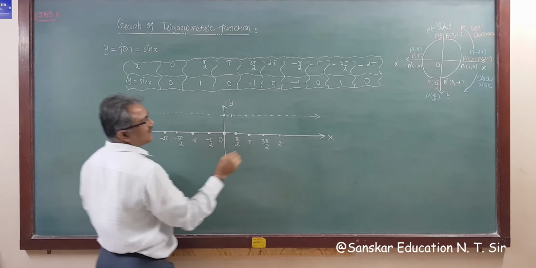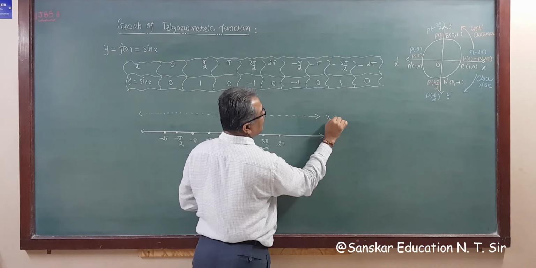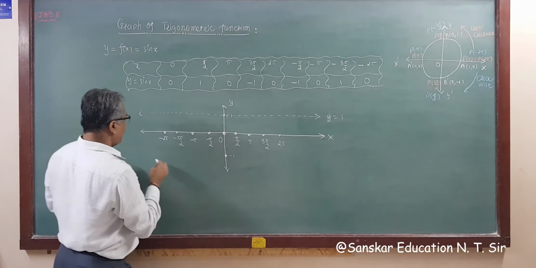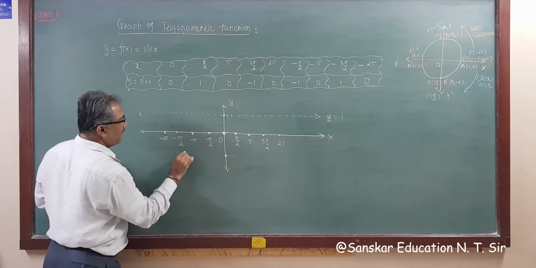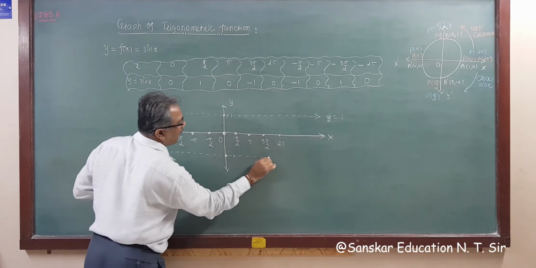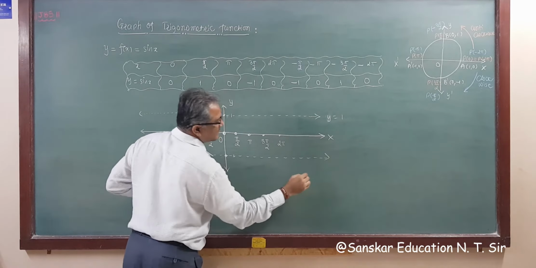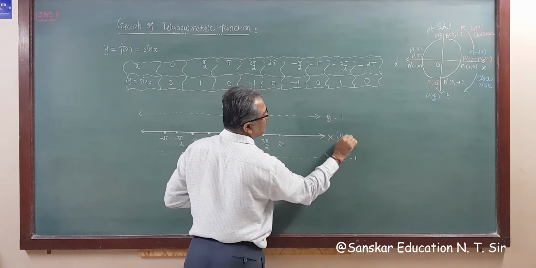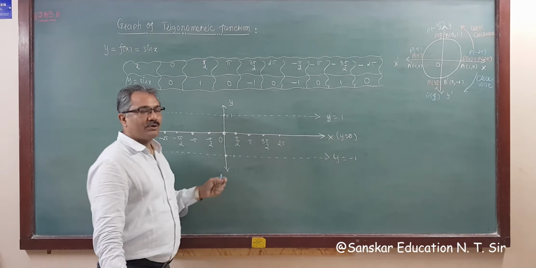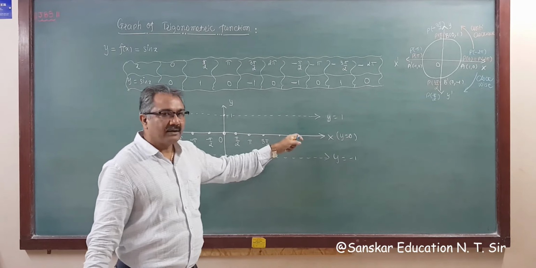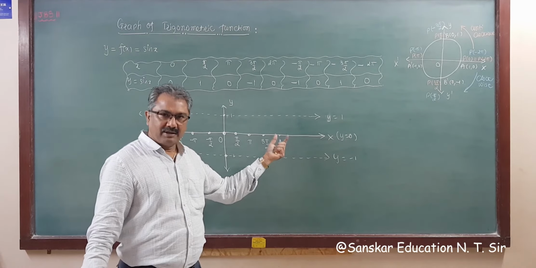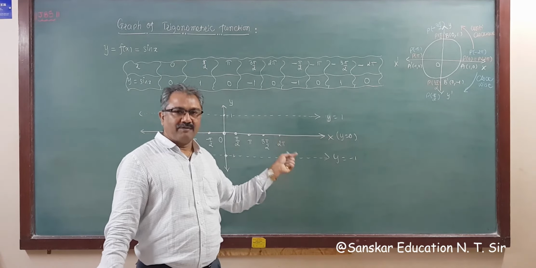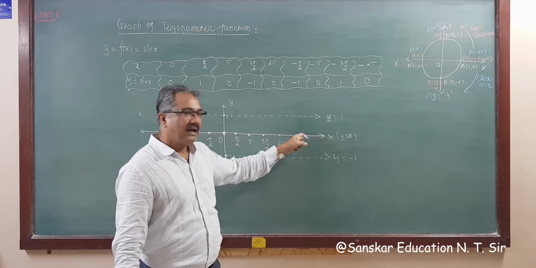So this line is known as y is equal to 1 line, and this dotted line is known as y is equal to minus 1, and this line is known as y equal to 0, because the y coordinate is always 0 for any point on the x axis.